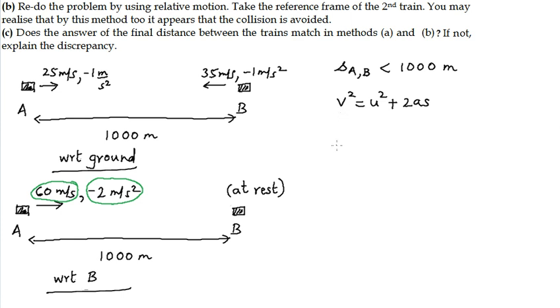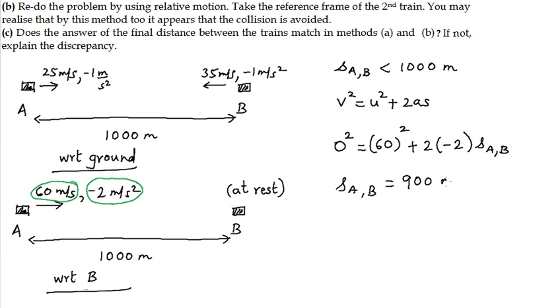Now the final velocity of A I'll put as 0, and the initial velocity of train A is 60 meters per second, so 60² plus 2 multiplied by the acceleration of A in B's frame, which is −2 m/s², and s would of course be the displacement of A with respect to B. Now when we solve this equation for s_A,B, we get an answer of 900 meters.